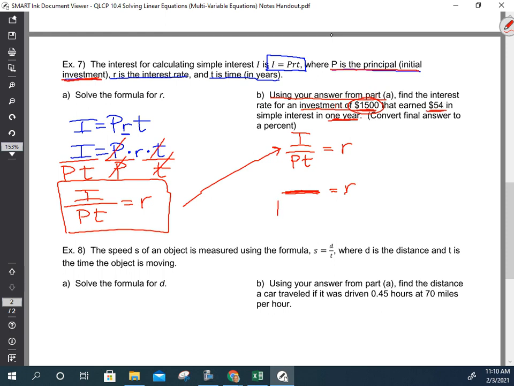So that's P. Since the problem told you time in years, you leave it in years. So that's 1. That earned $54 in simple interest. So simple interest is your I.